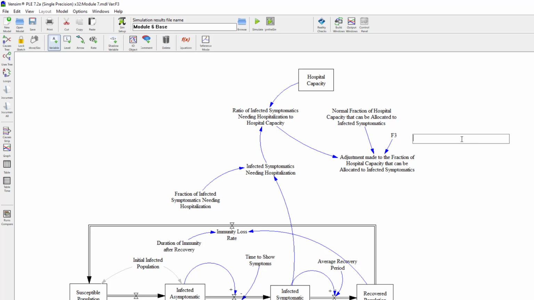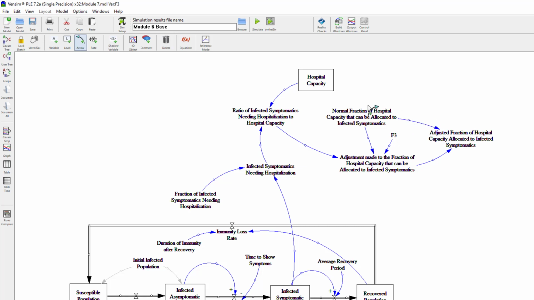Okay, so we're going to say adjusted fraction, so this is gonna be the normal fraction multiplied by this adjustment that's being made.